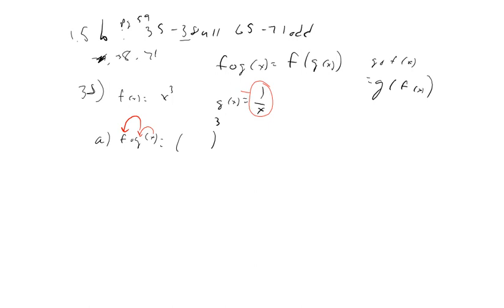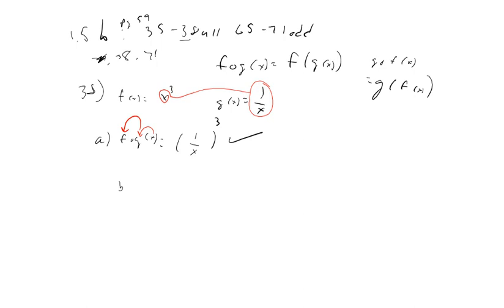So that means that inside I have 1 over x, cubed. And that's the equation. Done. F of g has 1 over x, the g function, on the inside, and the cubed function on the outside. Okay?